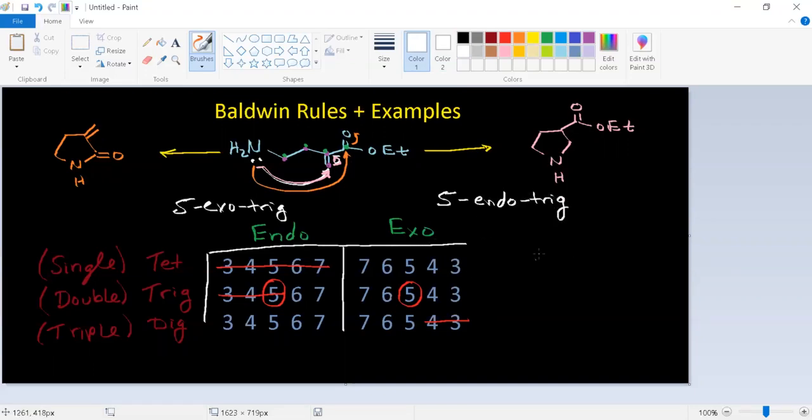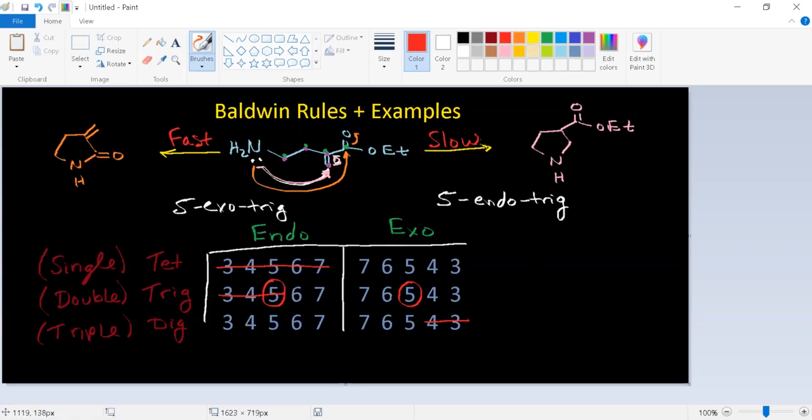And now determining which one's going to be fastest and which one's going to be slowest. Well, since we know the 5 endo trig is a forbidden cyclization according to Baldwin, this one's going to be very slow if you get any to form at all. This one, however, is going to be the fastest, and you'll see the most product from it. You might see closer to about 100%.